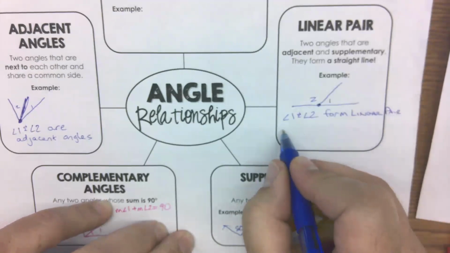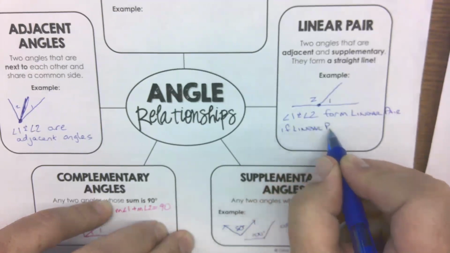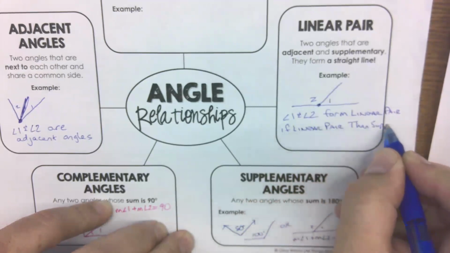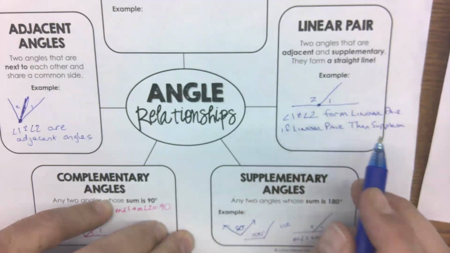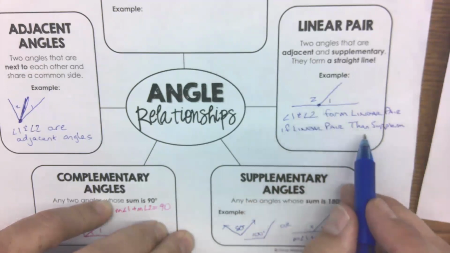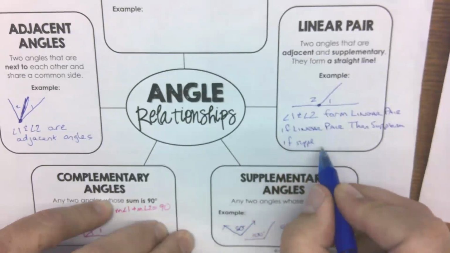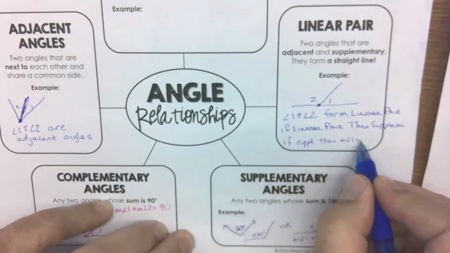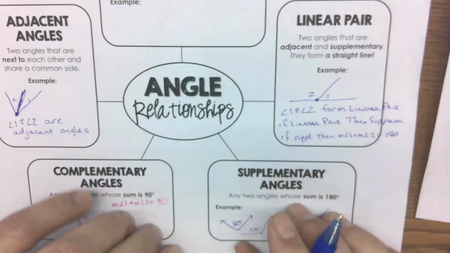And it turns out that if they're a linear pair, then they're supplementary, right? Because supplementary means they add up to 180. And therefore, if supplementary, that means that we can say the measure of angle 1 plus the measure of angle 2 equals 180.